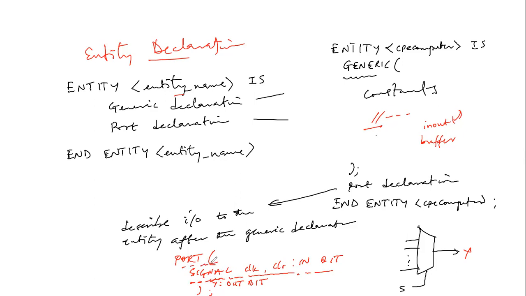We could put a comment here. I just wanted to explain to you that in VHDL, we use the double dash to comment out. We also comment out using slash asterisk, then asterisk slash, or we use the dash. These are the two ways we comment things out in VHDL.